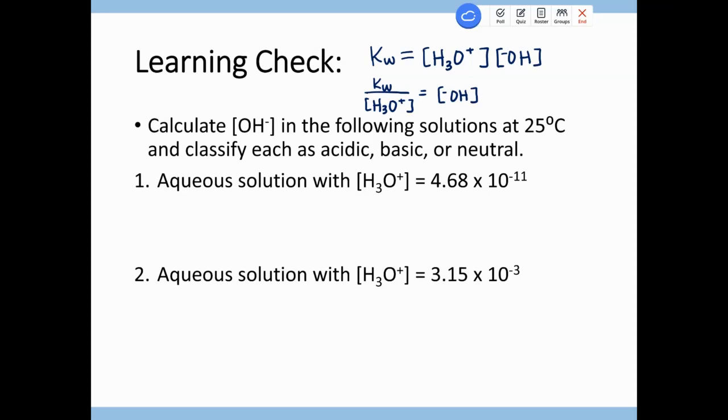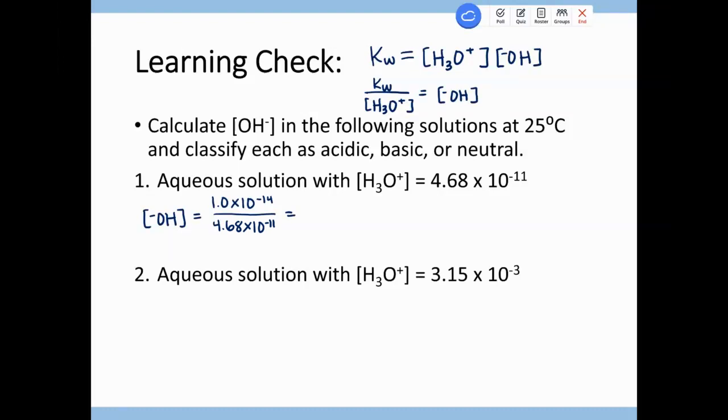Okay, let's do some calculations here. I just rearranged that equation at the top. Concentration of OH- is equal to that Kw value divided by the concentration of H3O+. Kw is 1.0 times 10 to the negative 14, and the concentration of H3O+ is 4.68 times 10 to the negative 11, provided in the question.